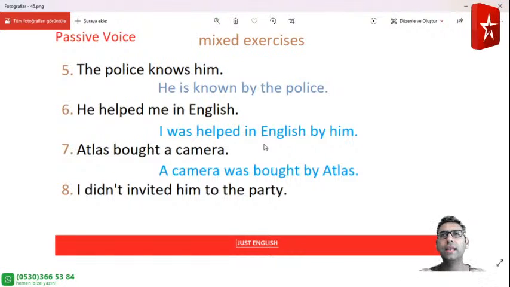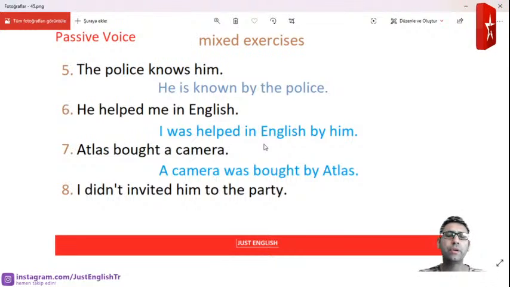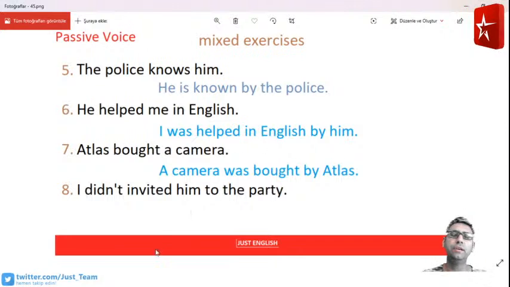Now again, the negative form of past simple. So, how are we doing it? We need to use was or were and the past participle form of the verb. So how are we doing it, I didn't invite him to the party. Here in this sentence, what is the subject of passive? Here we have him.